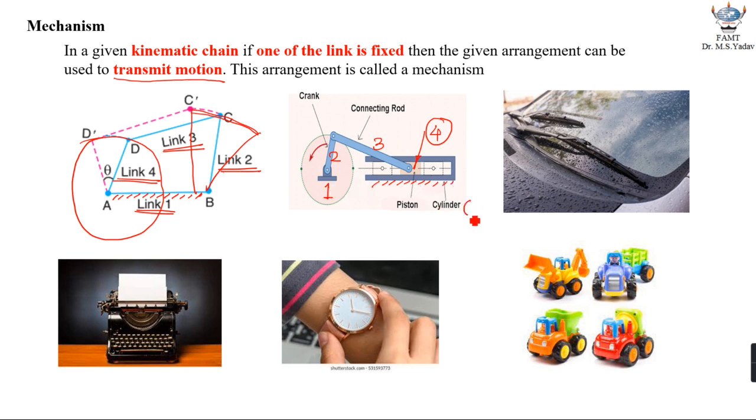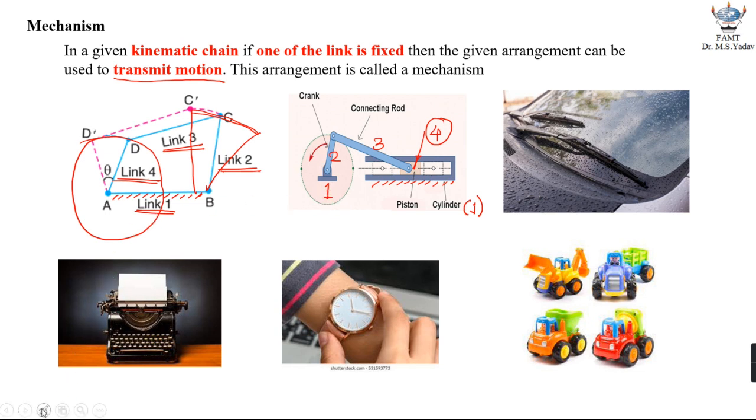So it becomes link number 1. Once again, in this single slider chain, by fixing link number 1, the rotary motion of link number 2 is transmitted into a reciprocatory motion of link number 4, which is the piston. So this configuration is called a mechanism.